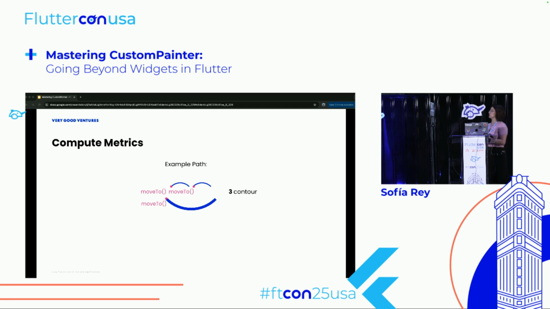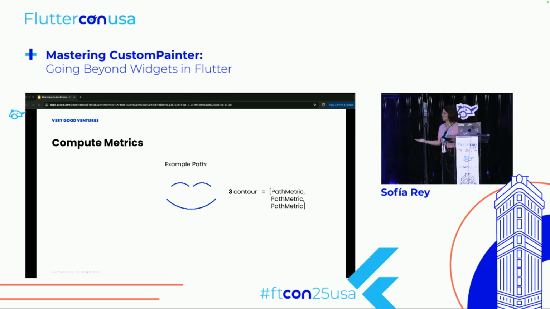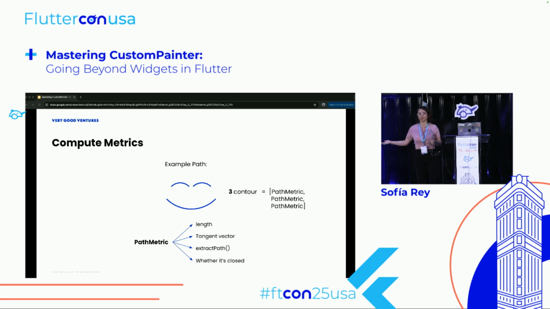If we do computeMetrics of this path, we'll get a list of 3 different path metrics, one for each contour. And from the path metric, we can know the length, a tangent vector, which gives us the direction in case it's a curve, for example, the extractPath method, which will let us remove parts of the path, and it will also tell us whether it's closed or not.